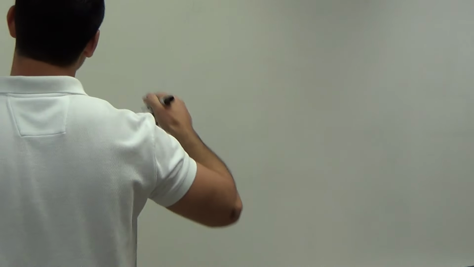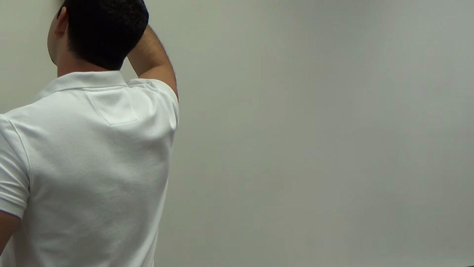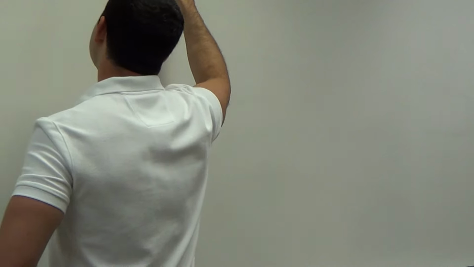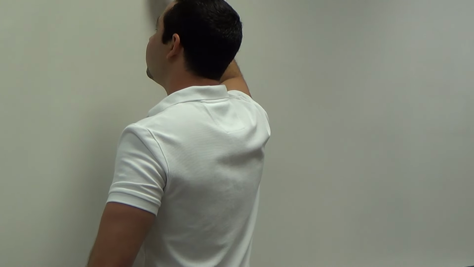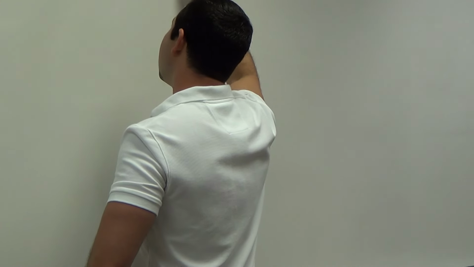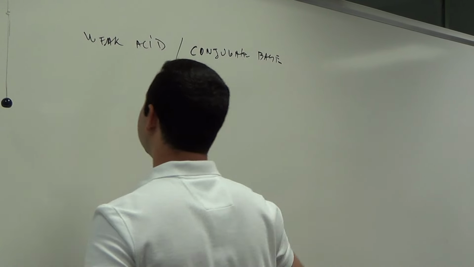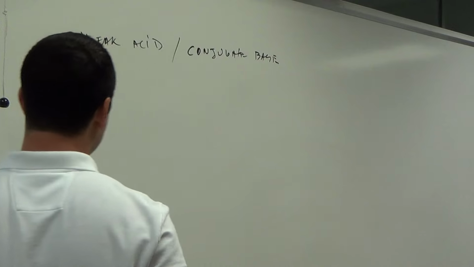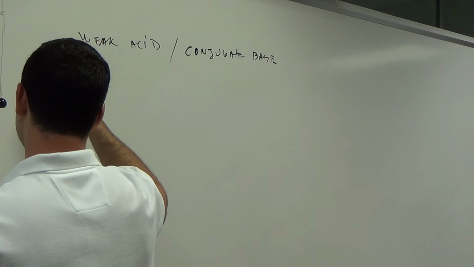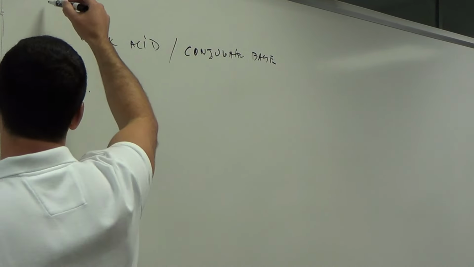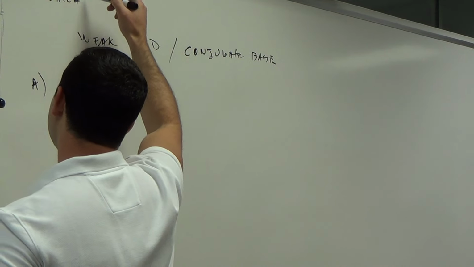So, what did I say? Buffer capacity increases with increasing the amount of the weak acid and its conjugate base. So let's say this is a weak acid and this is the conjugate base. And this is the amount, okay? So the question here is, which of the following has a higher buffer capacity?